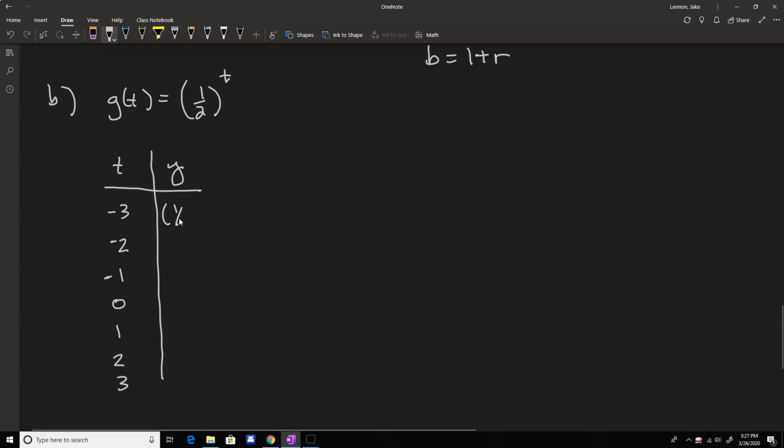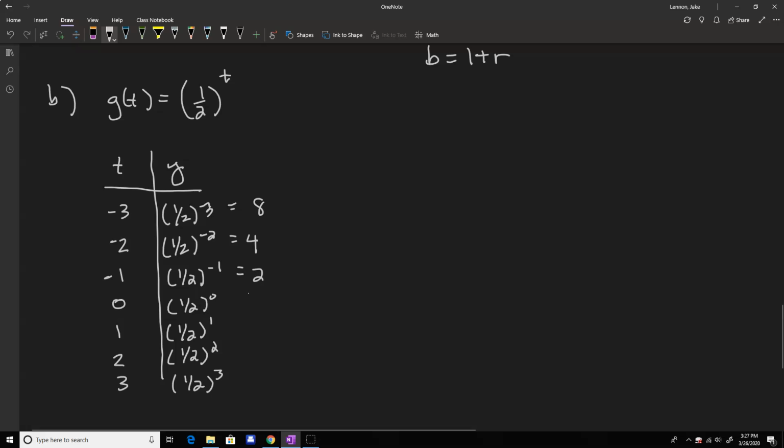So again, this will be 1/2 to the -3rd, 1/2 to the -2nd, 1/2 to the -1st, 1/2 to the 0, 1/2 to the first power, 1/2 squared, and 1/2 to the third power. And this comes out to +8, +4, +2, 1, 1/2 or 0.5, 1/4 or 0.25, and 1/8.